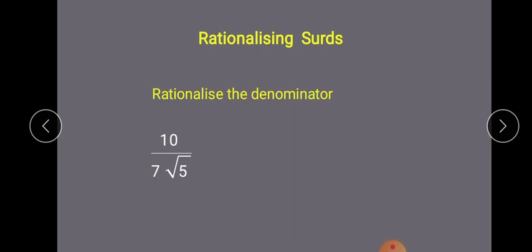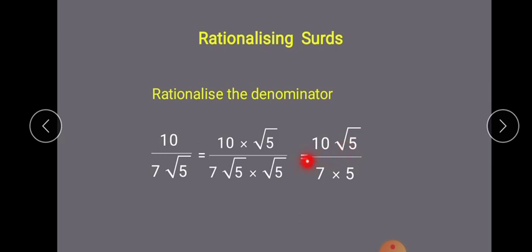Let us see some more examples. 10 by 7 root 5. Same thing, root 5 is irrational, so we'll multiply root 5 on both sides. So 10 into root 5 divided by 7 root 5 into root 5. So we'll get 10 root 5, and root 5 into root 5 is 5.